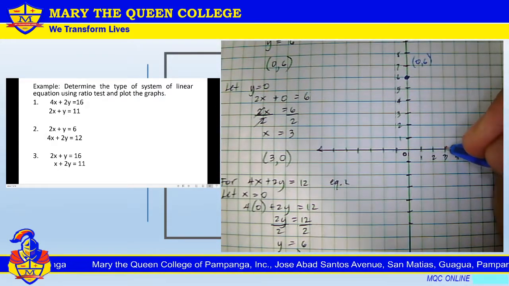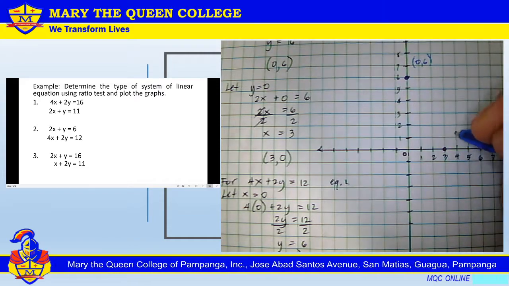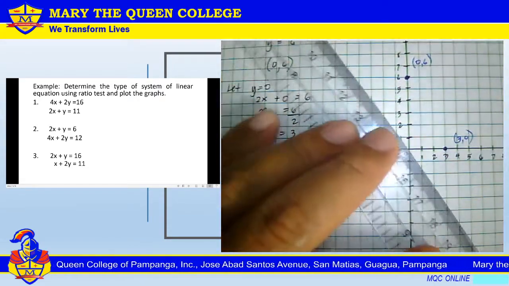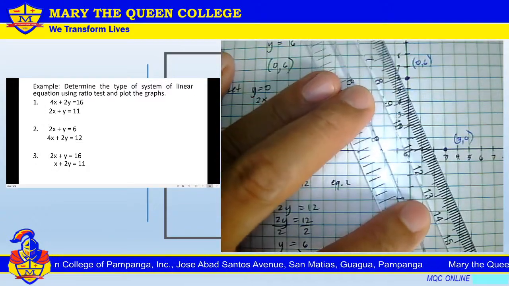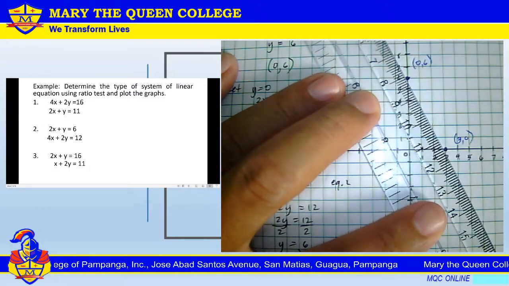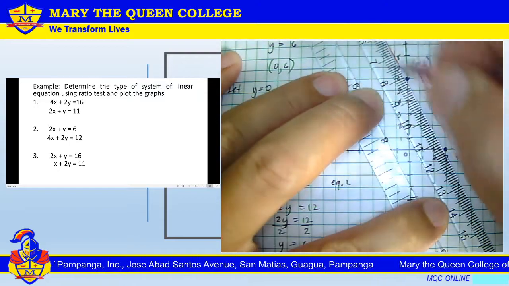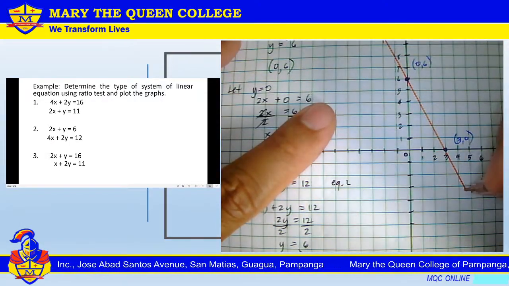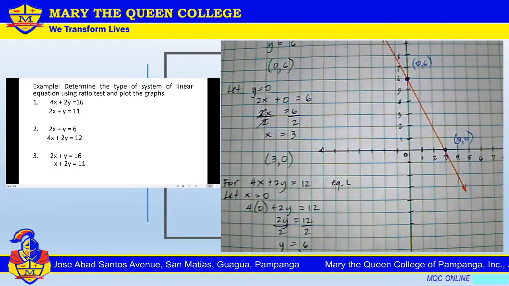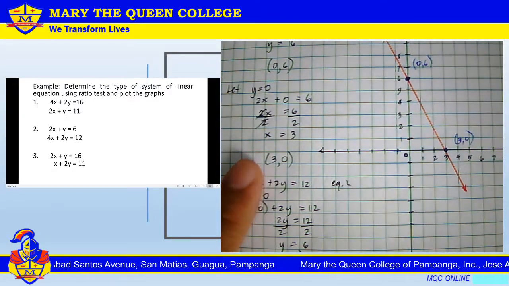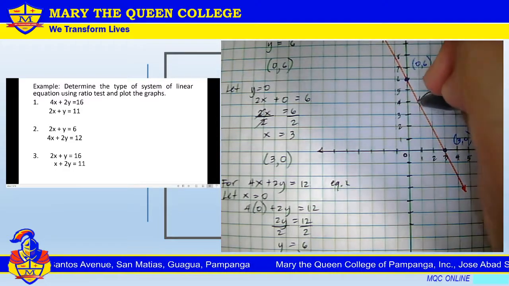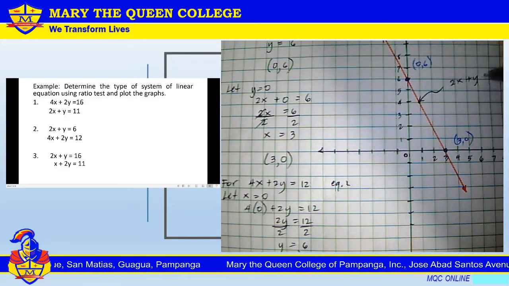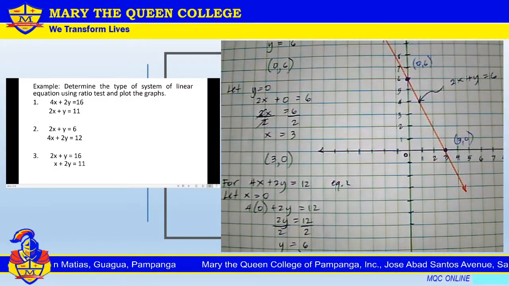Then we can now connect this set of points using a ruler, or if we have other straight edge material. So this is now our equation 1, which is 2x plus y is equal to 6.